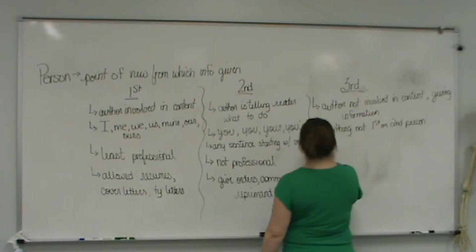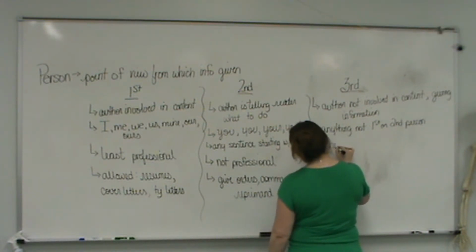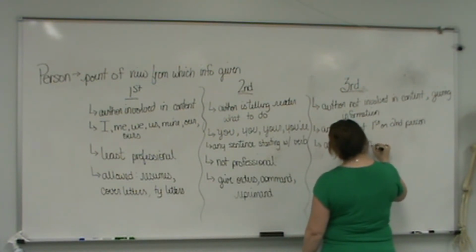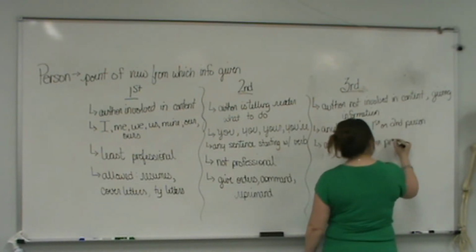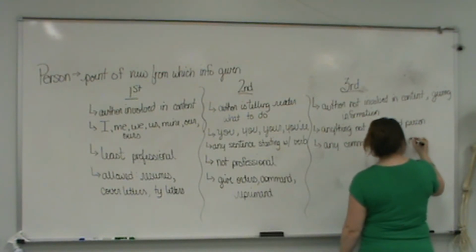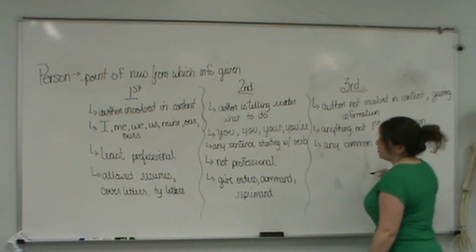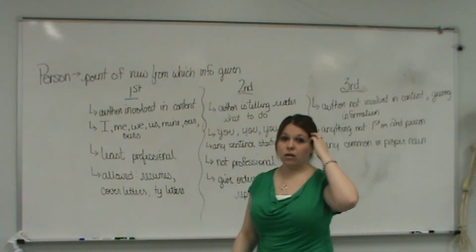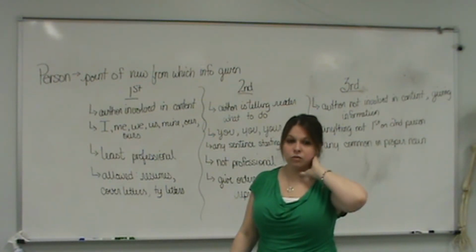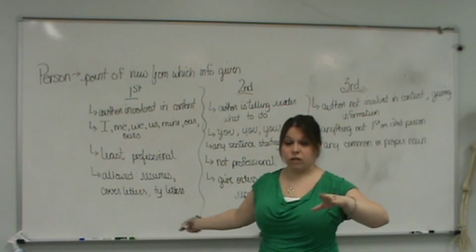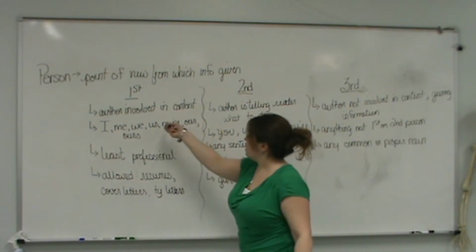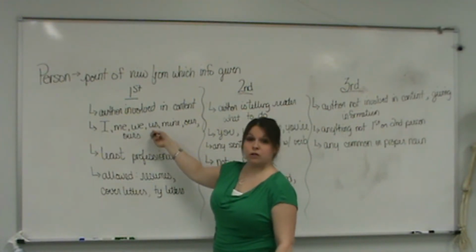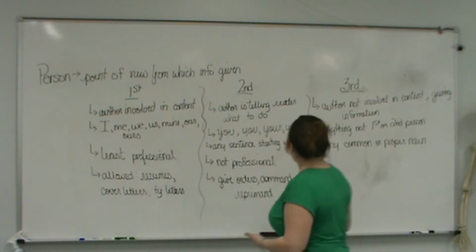So, any noun, so any common noun, any proper noun, any of those pronouns that aren't on this list. So hopefully you're taking notes. If not, you really need to rewind this or pause this and write down what's up here because you're going to need these lists again. If you can think of any words in first person I've left out, please add them.